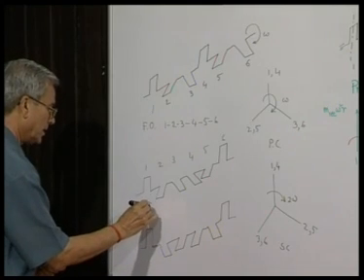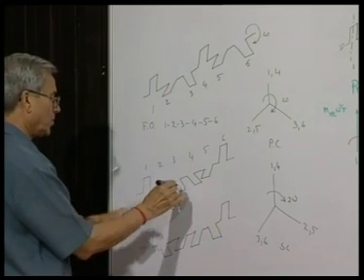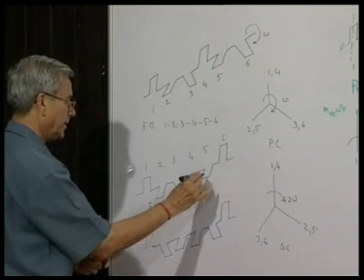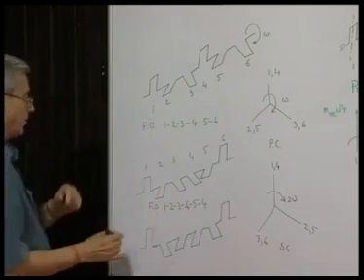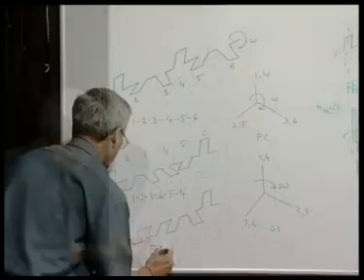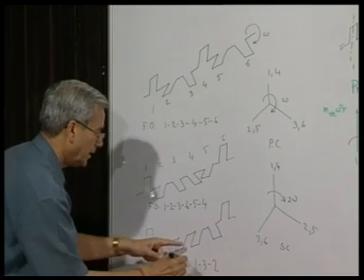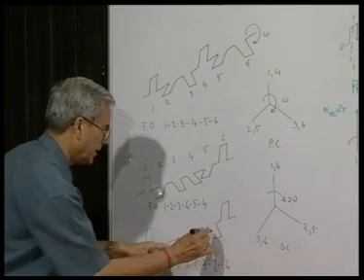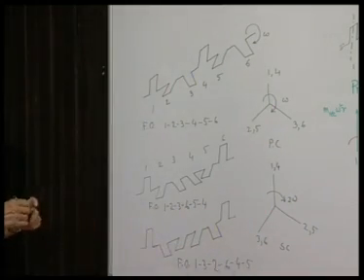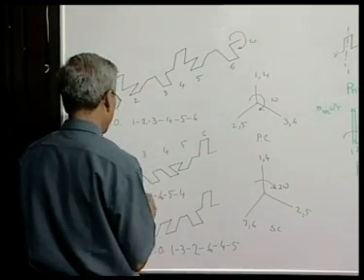So, firing order in this case will be 1, 2, 3. After 3, of course, 6 will be fired, then 5 will be fired, then 4 will be fired, then again 1 will fire. In this case, the firing order will be 1, then 3, then it may be 2, then it may be 6, then it may be 4 and 5. Like that, whatever we distribute, the arrangement of the cranks in the crankshaft should be symmetric about the center line, the engine center line.